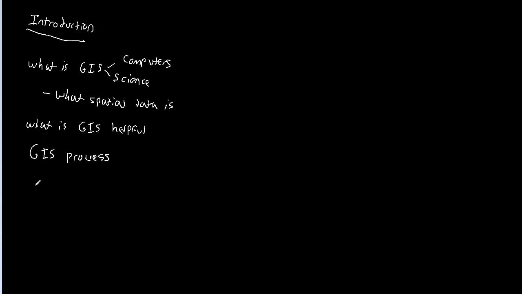And then finally, I want to go through an example or two of real-world GIS software, so you can see what these things look like when used in the real world.